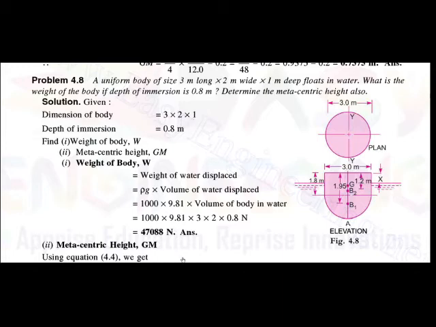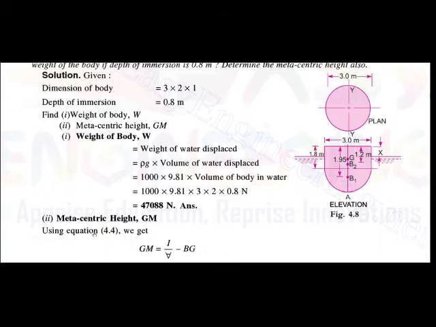So it is equal to 1000 into 9.81 into 3 into 2 into 0.8 Newton. By multiplying all these terms, we get the final value of weight of the body as 47088 Newton.